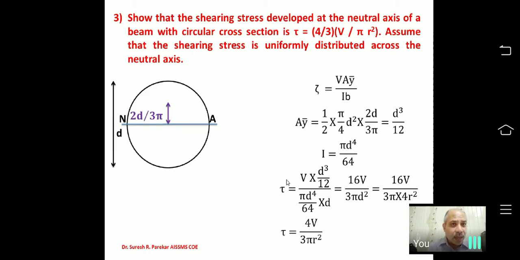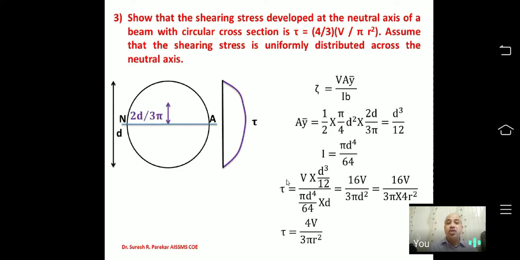So for a circle, you have to keep in mind your y bar value, that is 4r upon 3 pi from the neutral axis. Now if we go to the shear stress distribution diagram, the shear stress distribution diagram is a parabola.